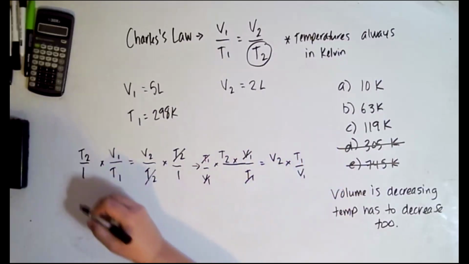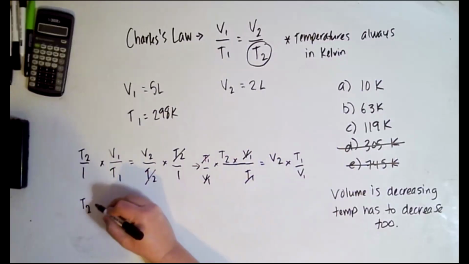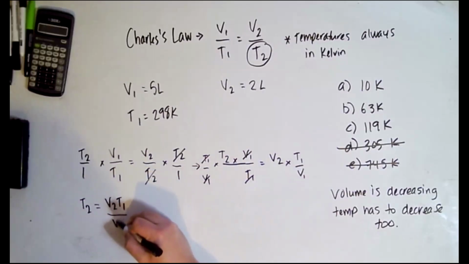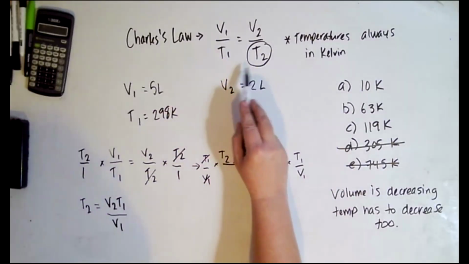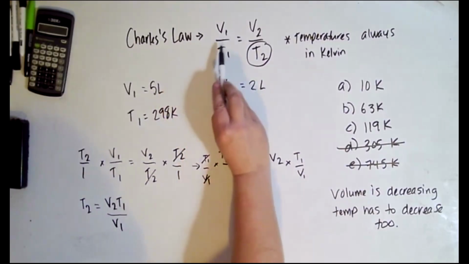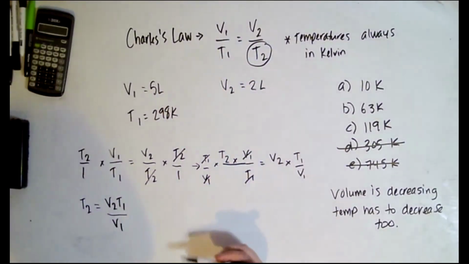Now what we're left with is that T2 equals V2 times T1 divided by V1. So from our original equation, we move T2 to the top of the other side, and we move the reciprocal of what was on the left side over to the right side.